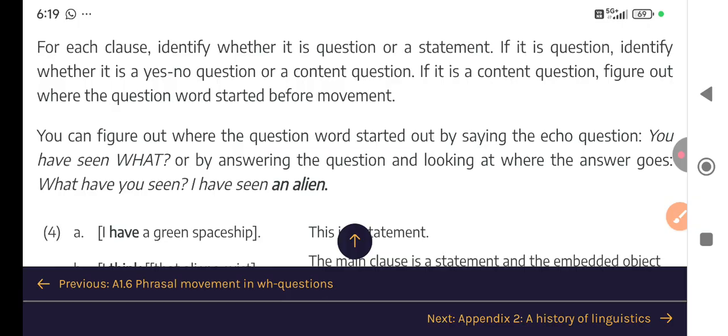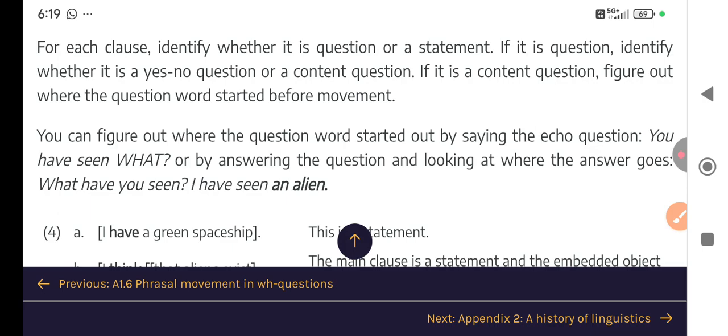If it is a content question, figure out where the question word started before movement. You can figure out where the question word started out by saying the echo question: you have seen what? Or by answering the question and looking at where the answer goes. What have you seen? I have seen an alien.